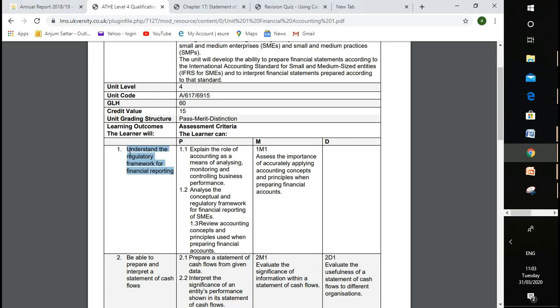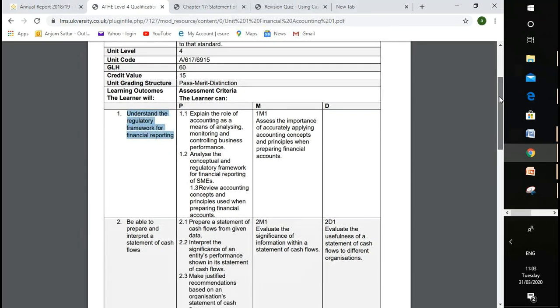We discussed the IASB, which stands for International Accounting Standards Board, and IFRS, International Financial Reporting Standards. We discussed UK accounting standards as well, and different accounting standards in various other parts of the world, and why these accounting standards help us to harmonize and develop a system that helps users understand. And we discussed various stakeholders during our last lesson.